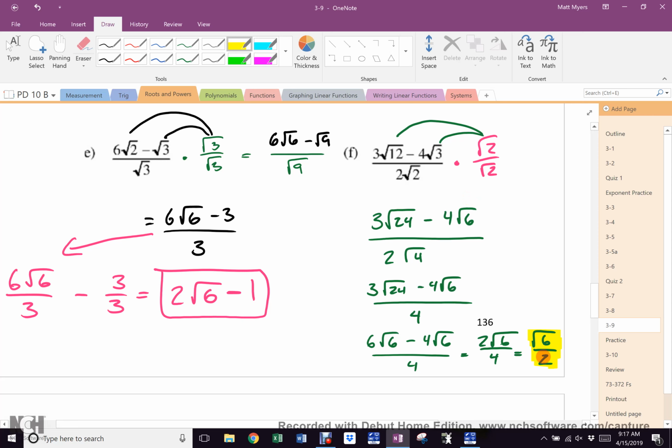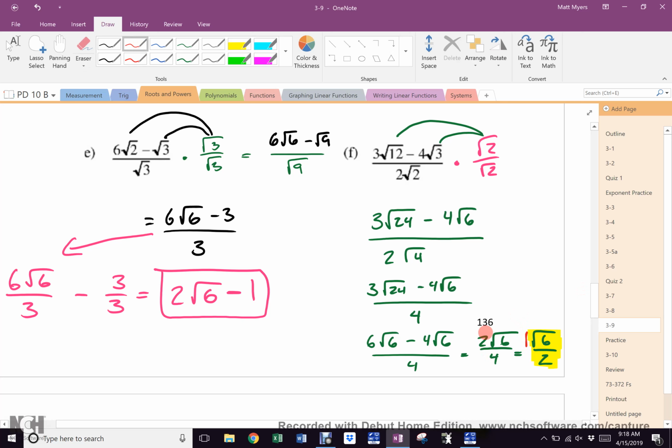You all understand why this is not root 3, right? Because there's two different bases, so I can't divide them. How did you get from 2 root 6 over 4 to root 6 over 2? Well, what's 2 over 4?